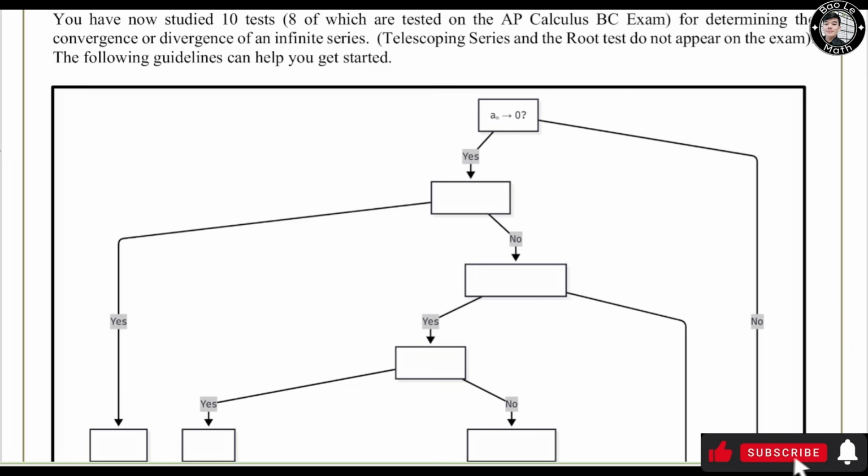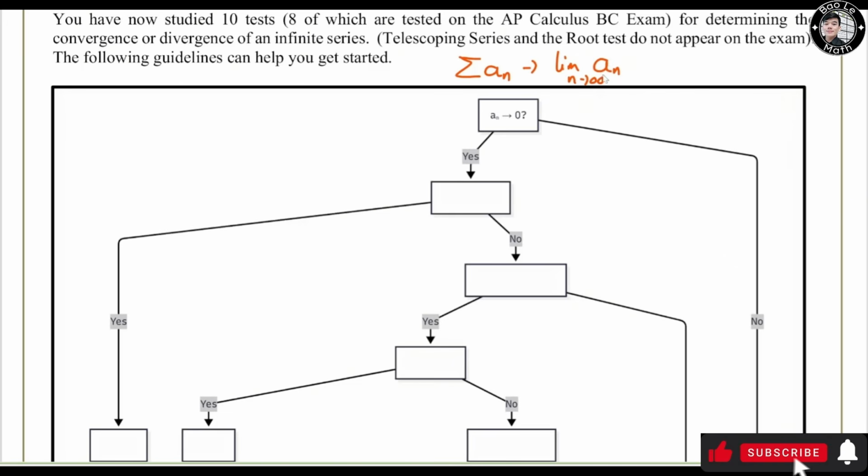Now suppose you're given the infinite series a sub n, right? What you need to do is find the limit of a sub n as n approaches infinity. You have two possible cases. You check to see if this limit equals 0 or not.